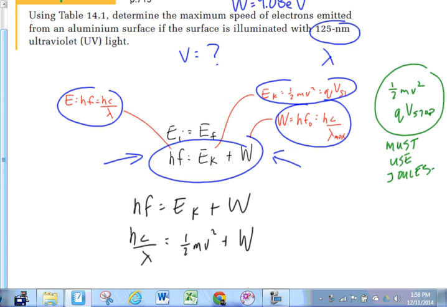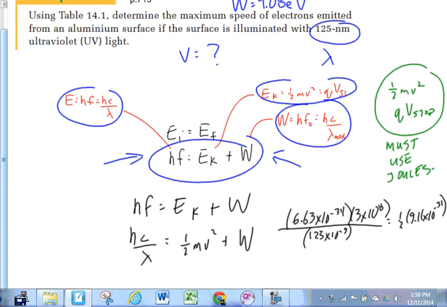We got 6.63 times 10 to the minus 34 joule seconds for Planck's constant, 3 times 10 to the 8, divided by lambda, which was 125 times 10 to the minus 9. Equals 1/2 of 9.11 times 10 to the minus 31 times v squared, plus the work function, which we said was 4.08 electron volts.